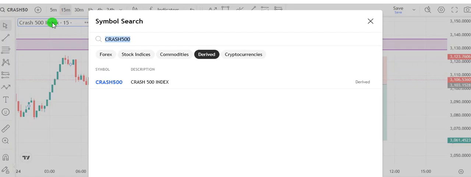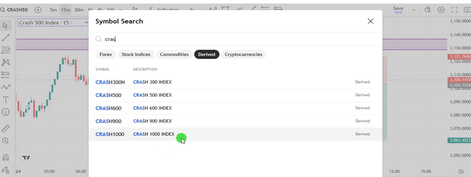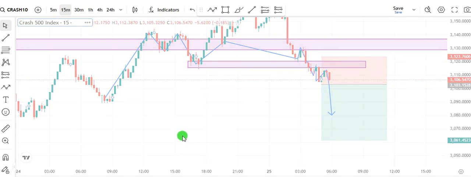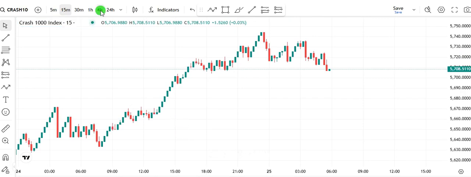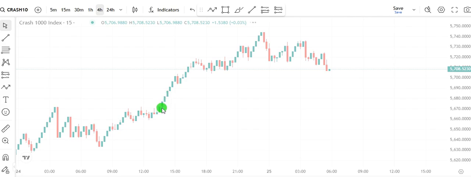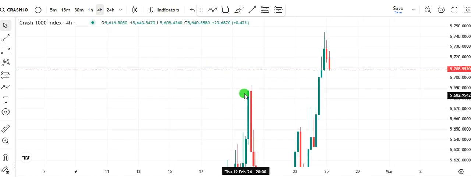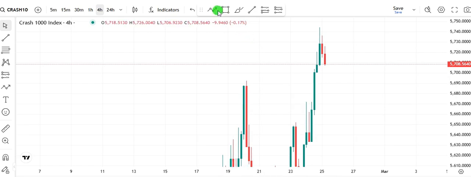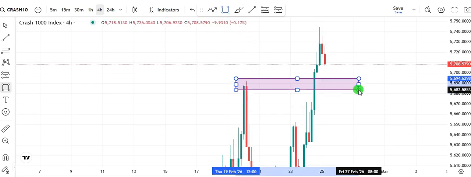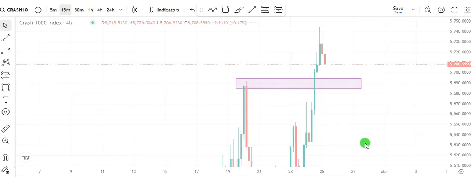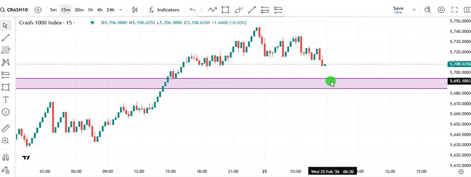Okay, so let's go to the final one, which is Crash 1000. We are seeing some retracement back to our previous resistance, which is likely going to turn support.